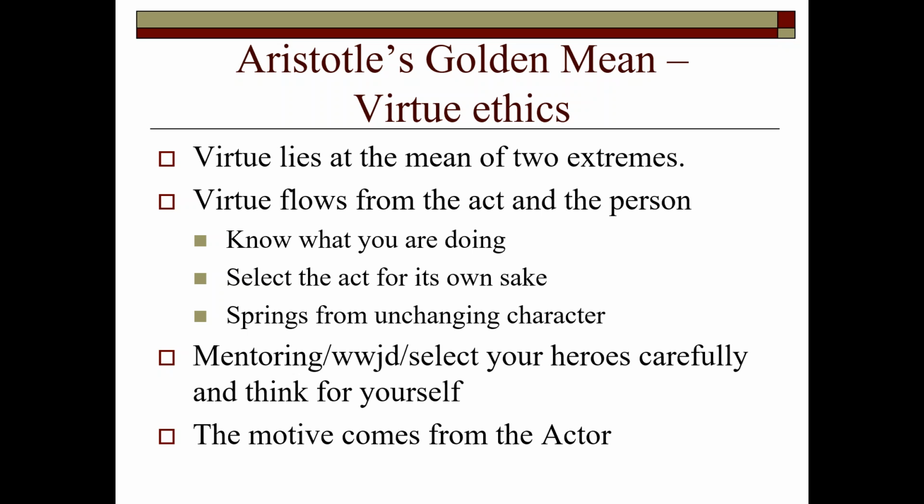Even if you have a hero, you need to attach yourself to that mentor carefully so that you're not making unethical decisions based on what they would do. So the motive, again, comes from the actor. Aristotle, golden mean, virtue ethics, motive comes from the actor.